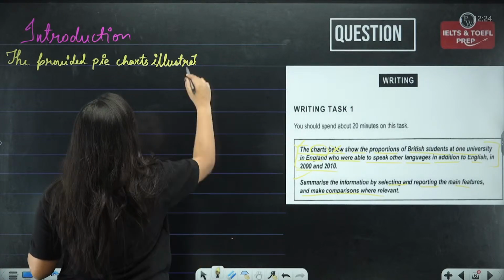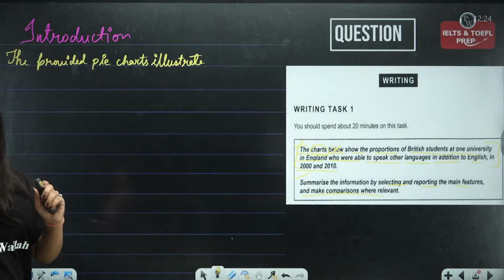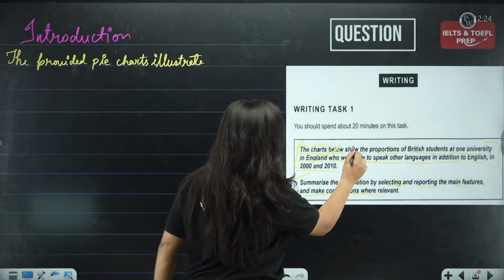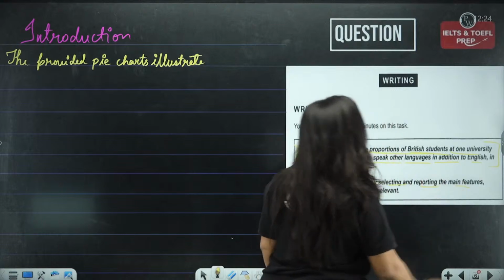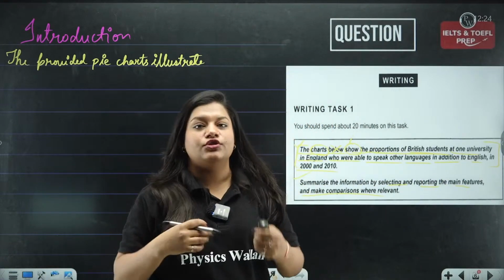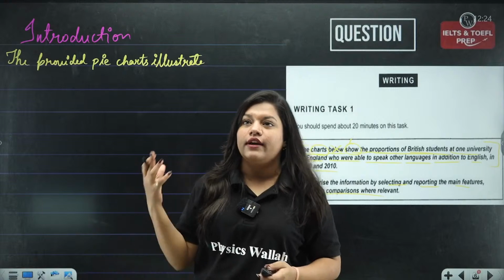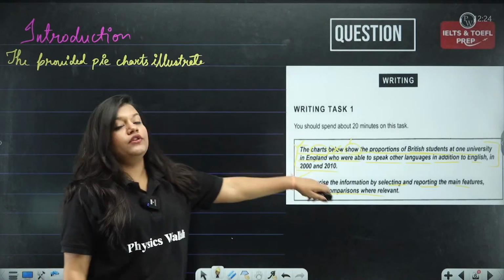So we are going to write, okay, the provided pie charts illustrate, show लिखा है, show का हमने क्या कर दिया, illustrate the proportion of British students. So instead of writing a proportion, you can write ratio, you can write percentage, you can write any other unit that is familiar to what's written over there.